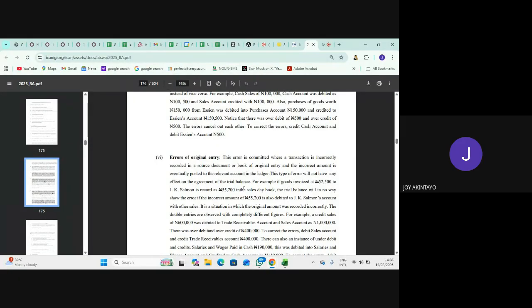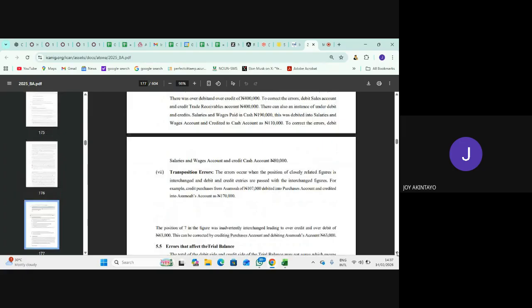The difference is that you go to your sales account and debit it, then you go to your receivables account and credit it. Are we together? So that's the treatment.